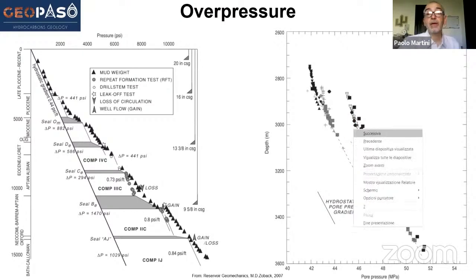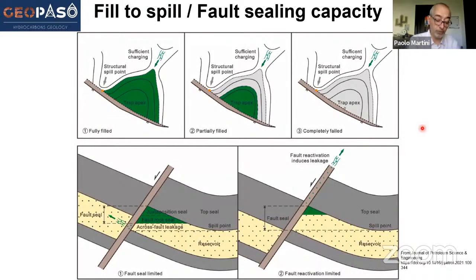Next. Okay, then we can use pressure data to actually investigate if a structure is filled to spill, as I said. In this case, it is just a fold seal that can be leaky across from the reservoir to its adjacent, opposed reservoir across the fold, or it can be leaky through the fold itself.